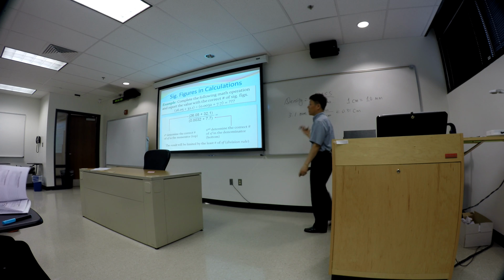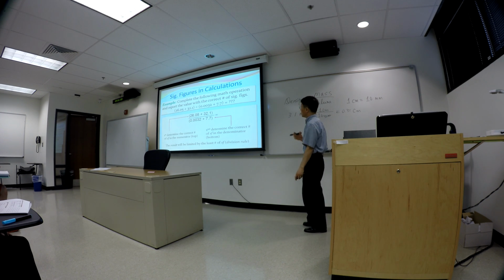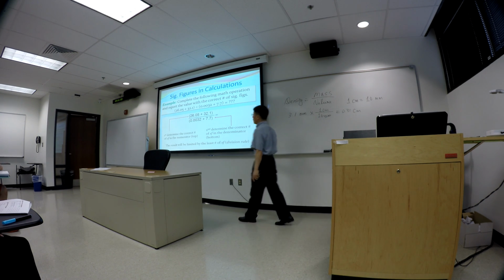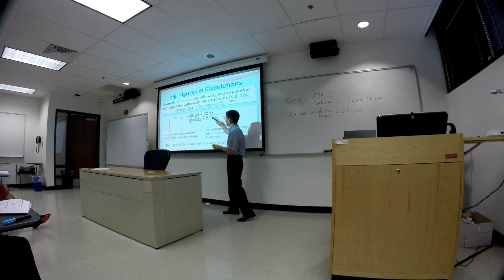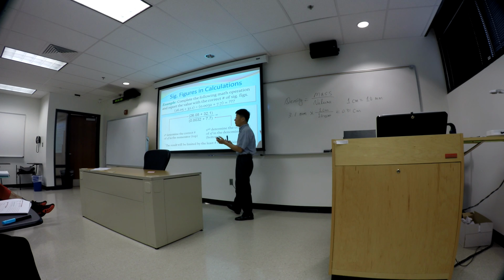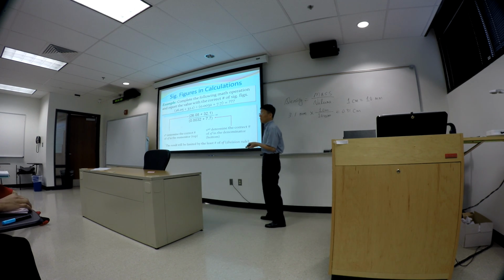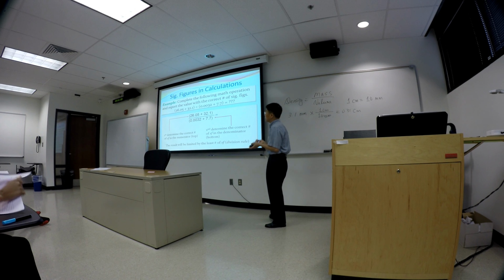So talking about the sig fig involved in calculation, or calculation involving sig fig here, we say multiplication, division, addition, subtraction. But more than often, you are going to have a combination of all 4 different types of calculations. How do you determine the sig fig involving those different types of operations there?